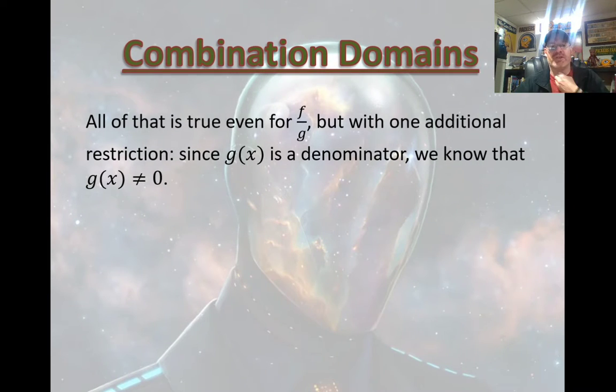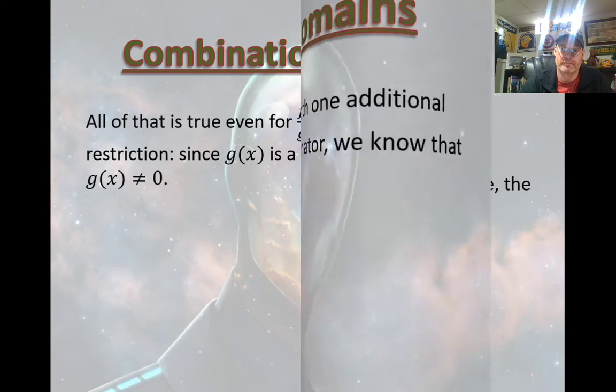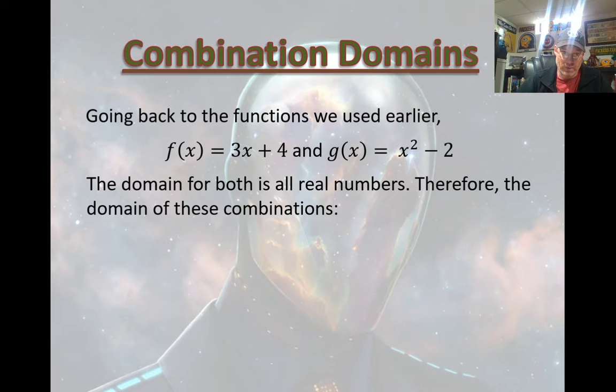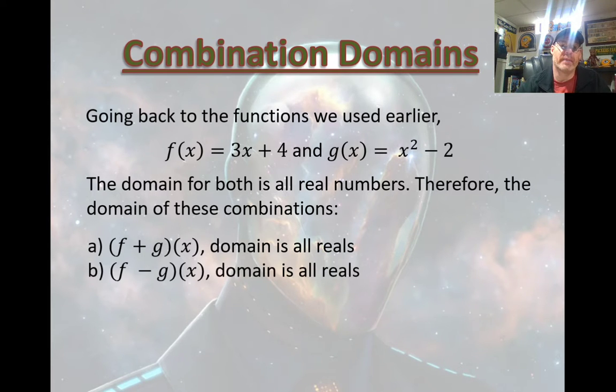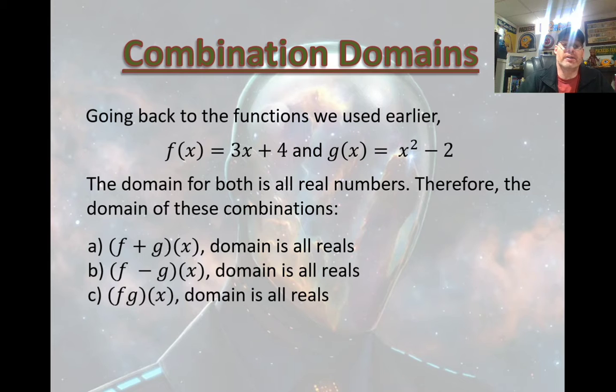In the case of division, the same thing is true, but we have to consider one other thing, and that is, since g of x is in the denominator, we know that g of x cannot equal 0. Okay, the domain for both of these two functions that we used earlier was all real numbers, which means that for the first three combinations, f plus g, f minus g, and f times g, the domain is going to be all reals.